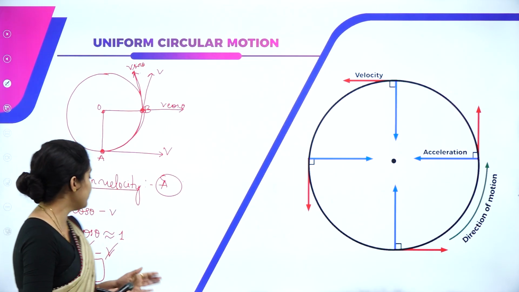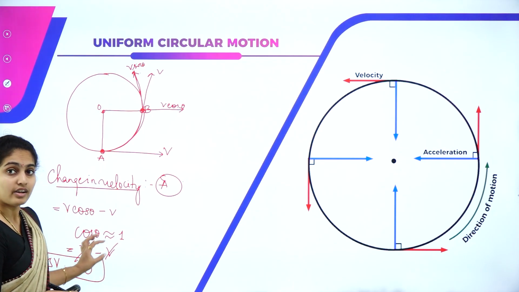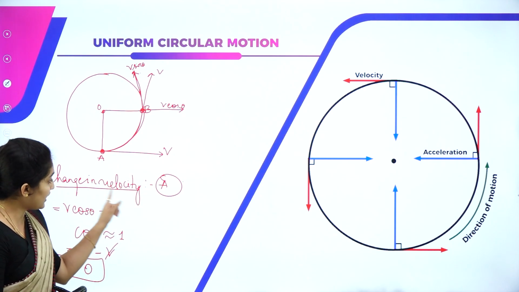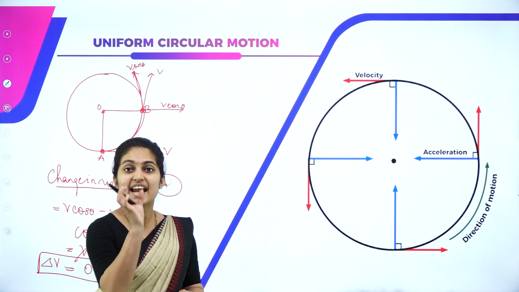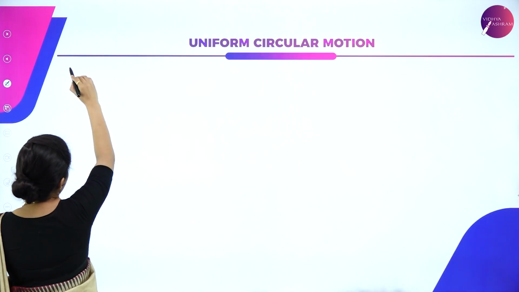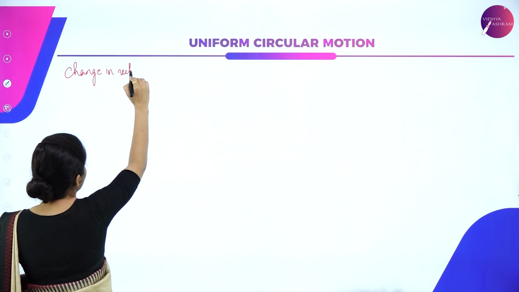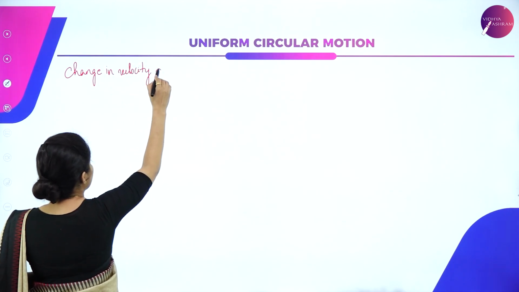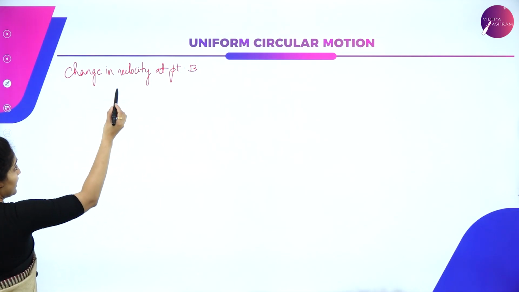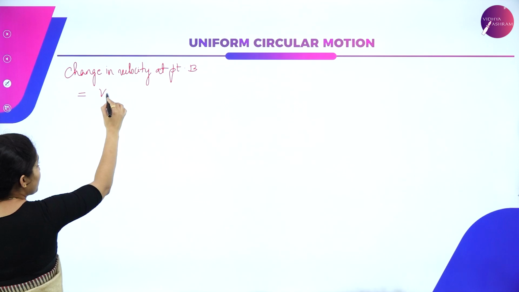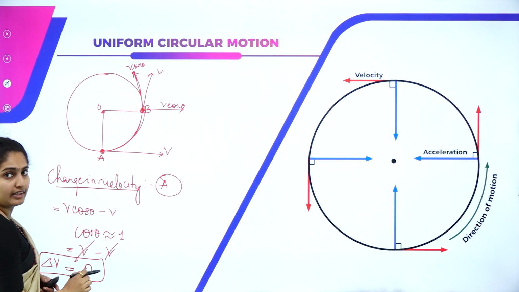So now this is the 0th condition, and it will hold as the initial point for the next equation to be derived. Again, the change in velocity at point B is equal to V sin theta, which is final now.